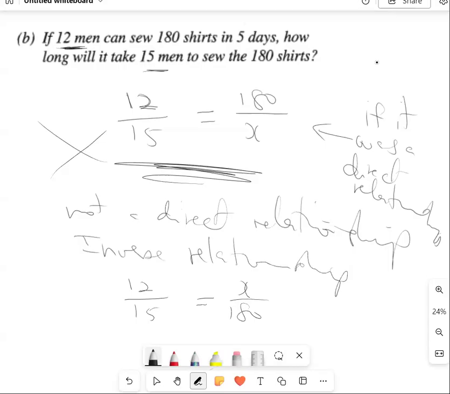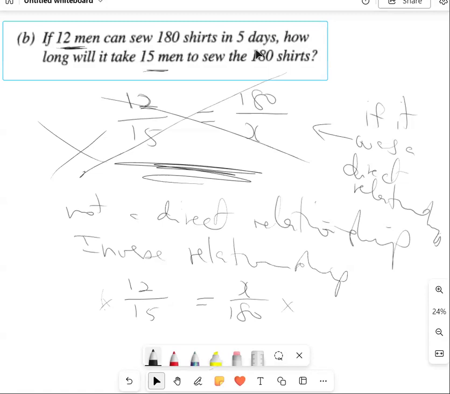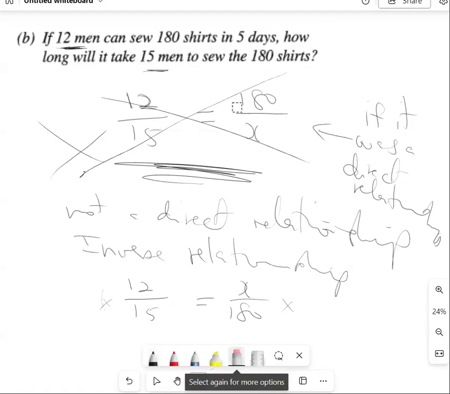So from this relationship, not this one, not that one. They're not directly related, they're inversely related. So you have to invert this one. Oh, sorry, not 180. 5. It's days. I get caught up with 180. What am I doing? Sorry. 5 has to go here, 5 days.